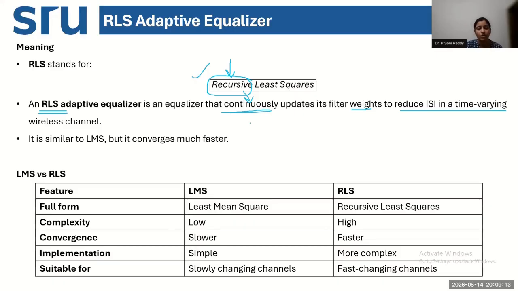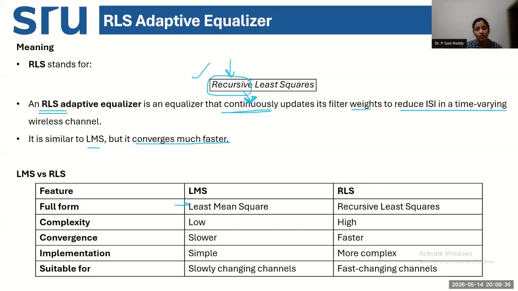So what is the difference of RLS with LMS? LMS is slow, but RLS is much faster. Why is it faster? Because it is always changing the value of this multiplication factor. So if I compare LMS with RLS, what are the major differences?